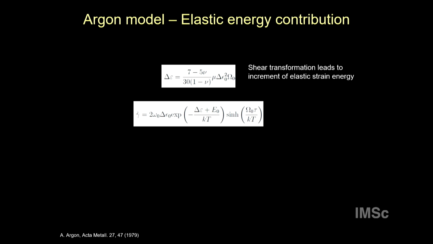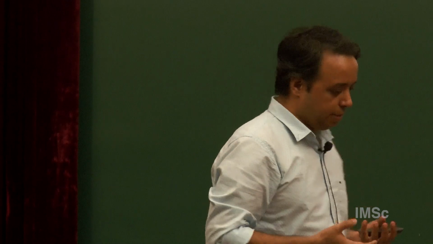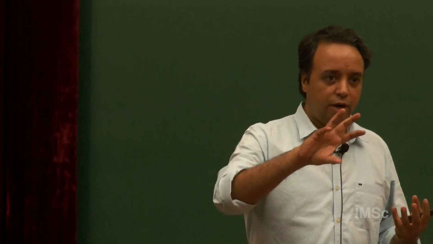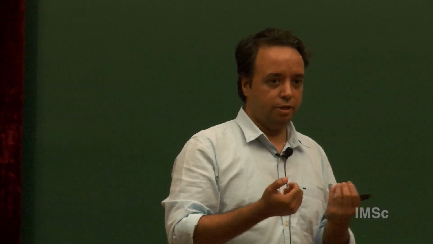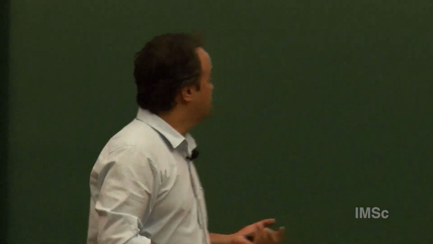What is important here is that way back in the 1970s, they realized that whenever you have a shear transformation or a rearrangement of particles, it is associated with some elastic energy, and this decays in space in some fashion. So this idea was very much there even during the 70s.